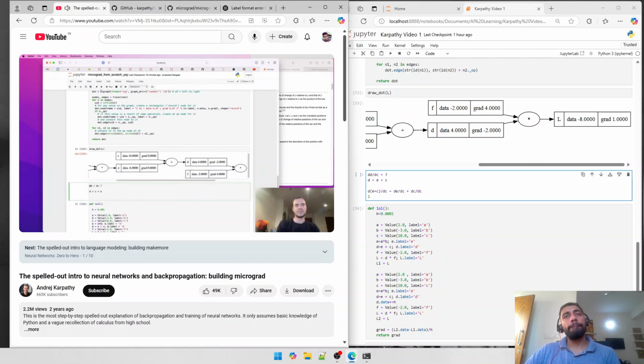And now we're interested in dd by dc. If you just know your calculus again and you remember, then differentiating c plus e with respect to c, you know that that gives you 1.0.